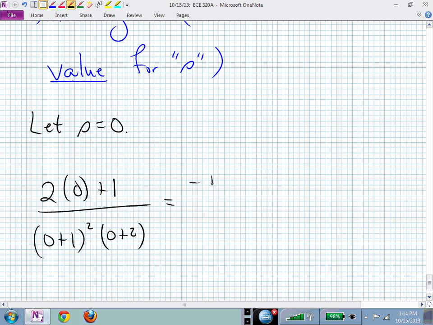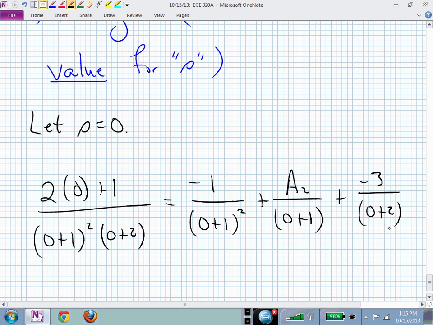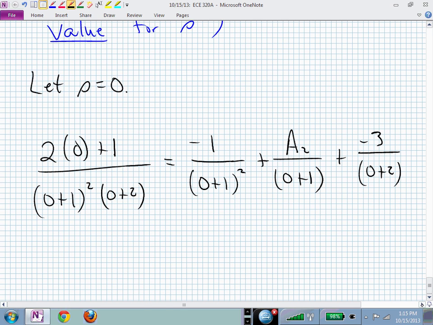And then on the right, we had A1, which we've already calculated to be -1, times s plus 1 squared, plus A2 times s plus 1, plus A3, which was minus 3, times s plus 2. Questions on where that formula came from? That's just the partial fraction expansion evaluated at s equals 0.